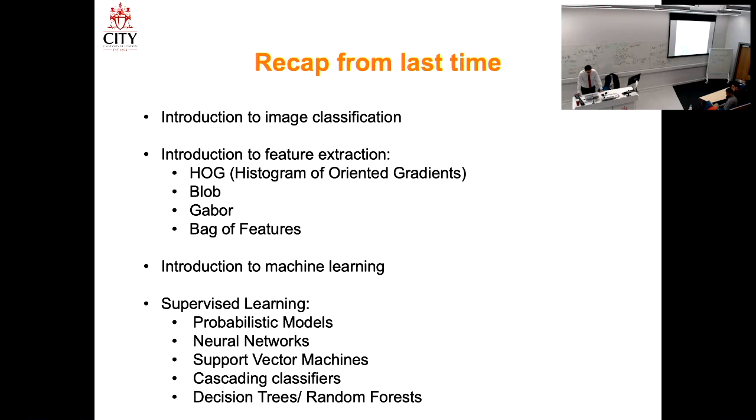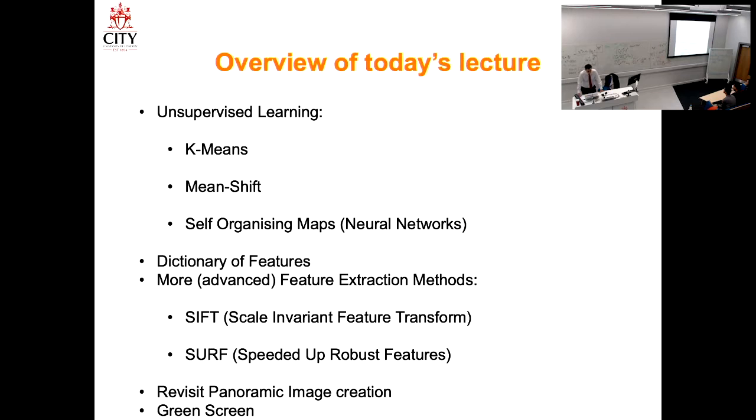We talked about HOG, blob, bag of features models, and had an introduction to machine learning and learned basic supervised learning models such as support vector machines and neural networks. You understood that in order to do a classification job, you need to extract features from images and send them to a machine learning model, like a support vector machine. So tonight we are going to talk about unsupervised learning.